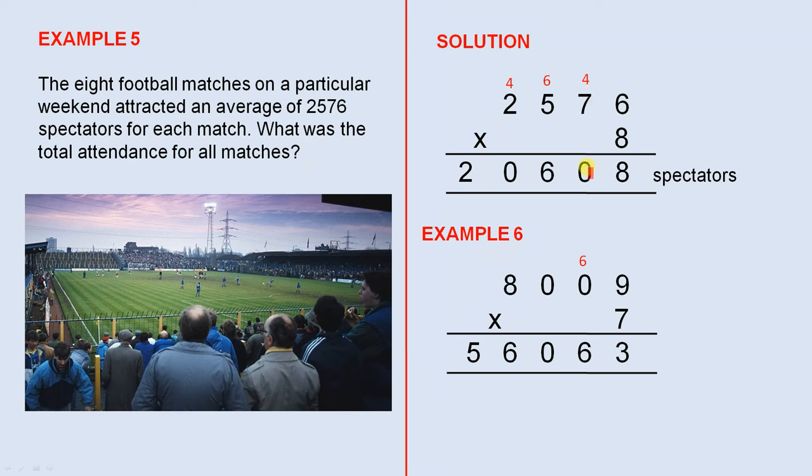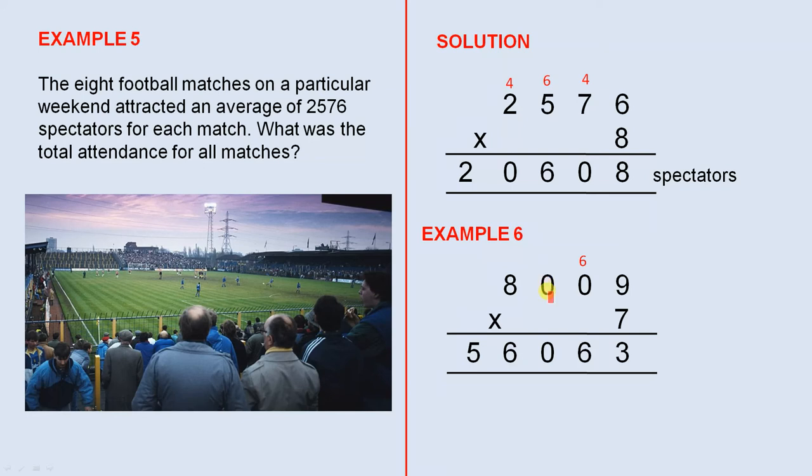Plus 4 is 60, there's the 0, and there's the 6 hundreds. 8 5s are 40, plus 6 is 46, there's the 6, and there's the 4,000. 8 2s are 16, plus 4 is 20. So there were 20,608 spectators.